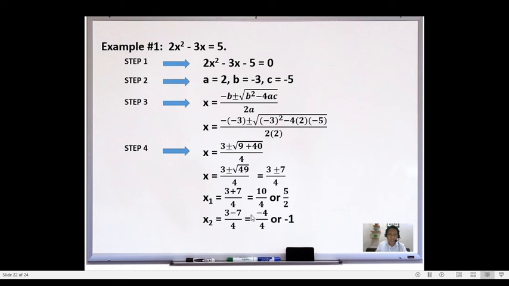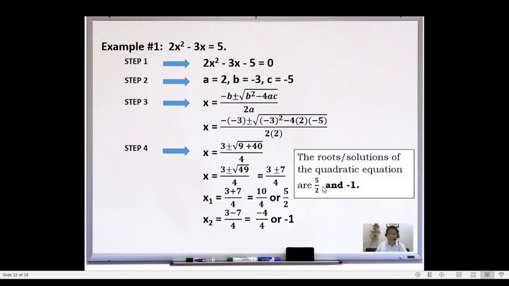Let's proceed to the second root. We will take the negative. So x is equal to 3 minus 7 over 4 equals, so 3 minus 7, that is equal to negative 4 over 4, or negative 4 divided by 4, that is equal to negative 1.